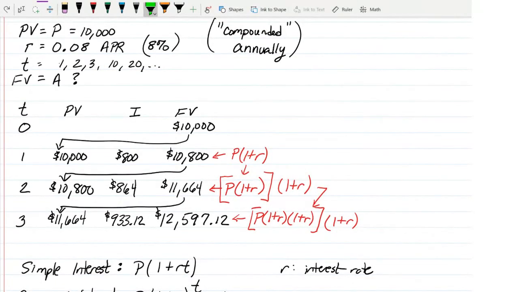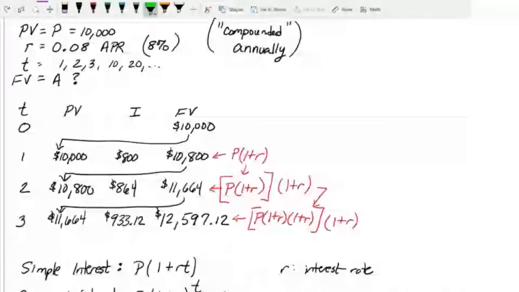But because that was already P times 1 plus R, I ended up with P times 1 plus R times another 1 plus R. I see the same thing twice. And it's not like that would get any better, because during the 3rd year, all of this would roll down and fill in what would be the principal during year number 3. I multiply by another 1 plus R.